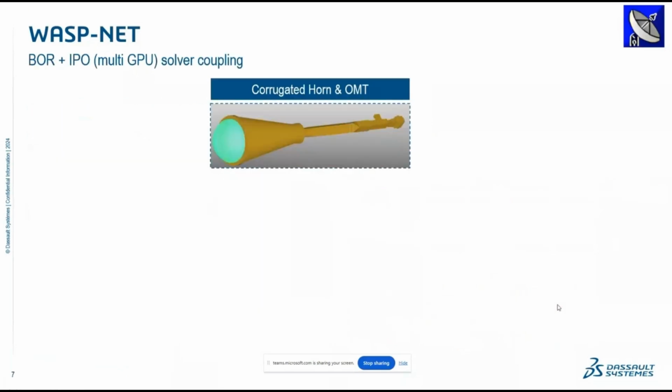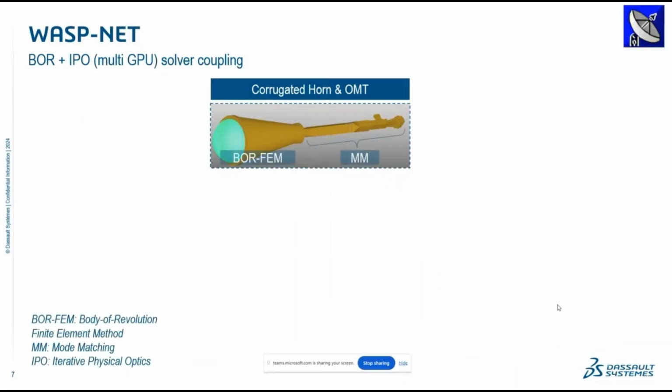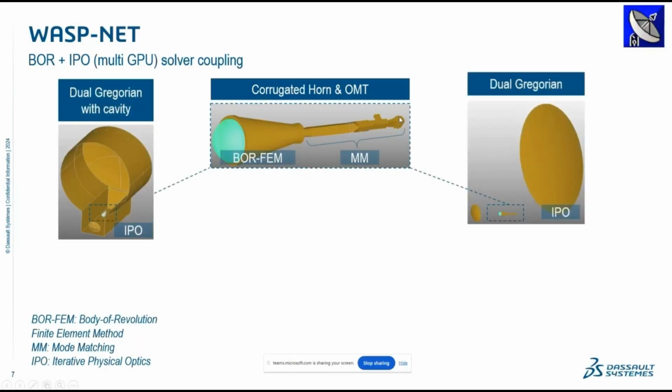Not only that, the tool also comes with advanced solvers like body of revolution and iterative physical optics methods, which will enable you to solve this kind of complex corrugated horn with the lens and complex feed networks quite quickly. These kinds of feed networks are typically used for subreflectors and main reflectors.